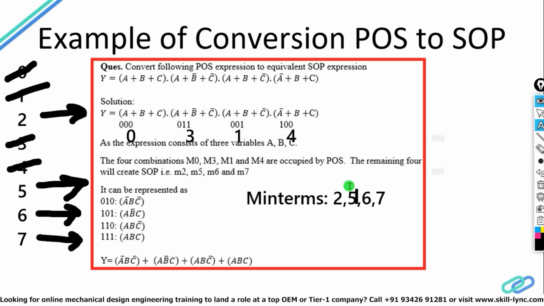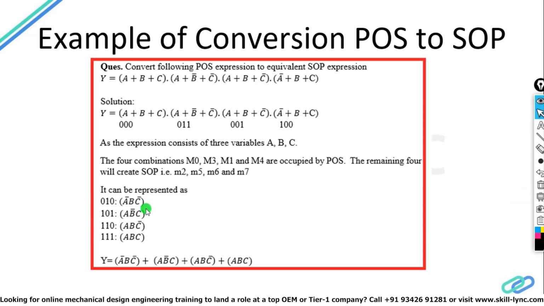So the next step is to write 2 in binary, then 5, 6 and 7. Because 3 variables are there, we will require 3 bits. So 2 can be written as 010. Because we have to write it in the form of SOP, it becomes A bar B C bar. Similarly, you will see 101, 110 and 111. So these are the min terms that we get out of the possible combination list by cutting down the max term values.